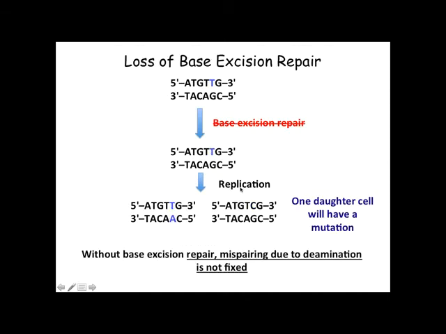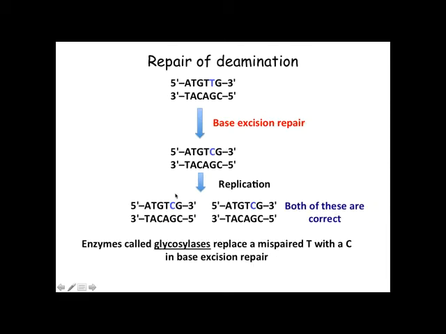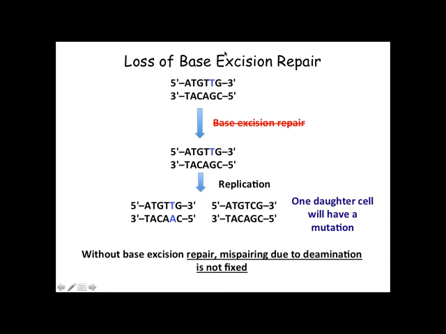double-stranded DNA sequences. If base excision repair is not working correctly, if there's a mutation in a gene that codes for one of those glycosylase enzymes, because remember, these glycosylases are enzymes that carry out this activity, so if there's a mutation in a gene that inactivates the glycosylase enzyme, what's going to happen is before this thymine can be removed, replication is going to occur.